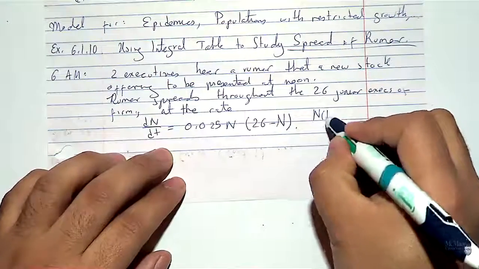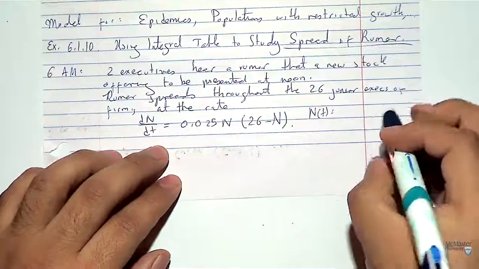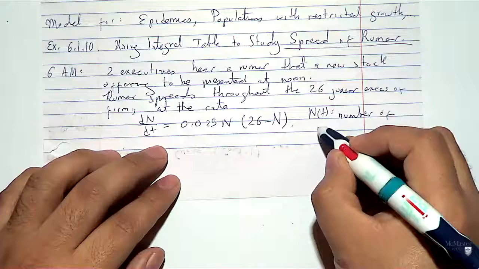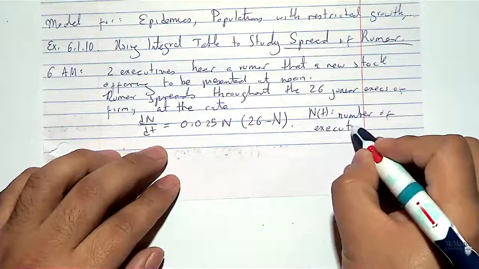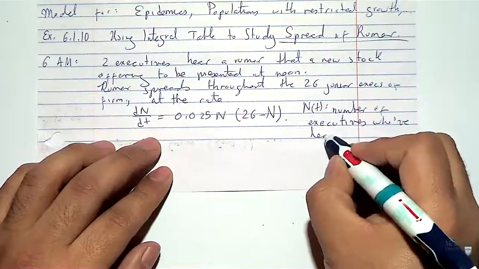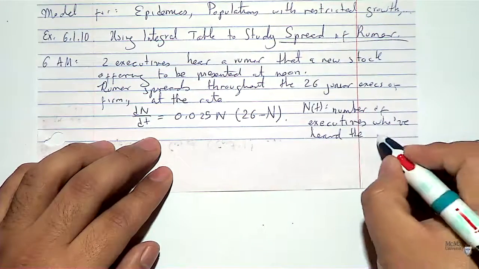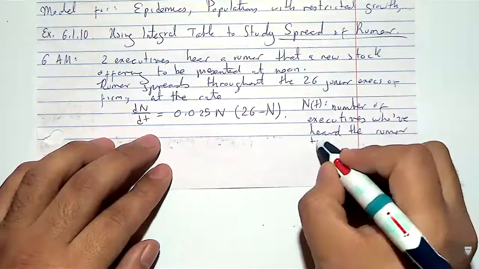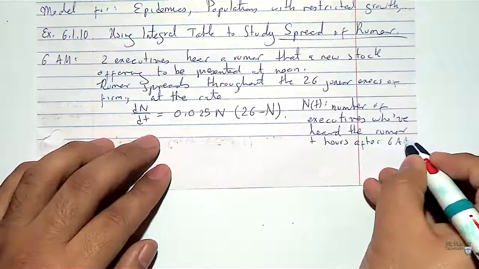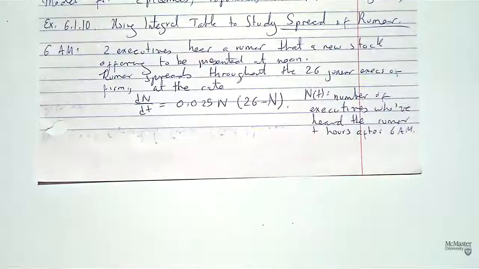And n, which is a function of time, is a variable that represents the number of executives who have heard the rumor t hours after 6 a.m. So, if you're going to do modeling, there are many caveats to the model.